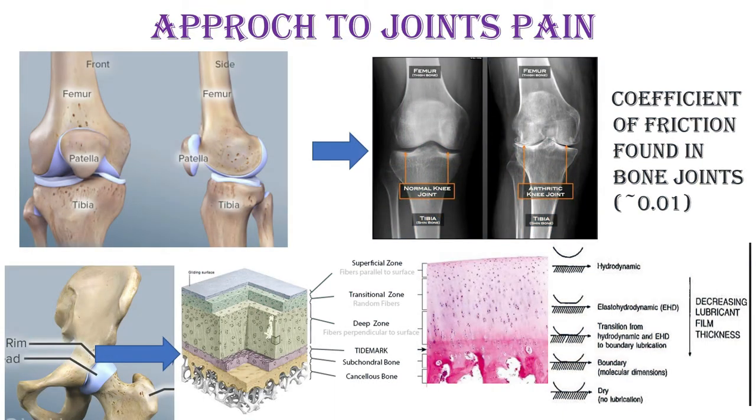Joint pain is such a common problem that all orthopedic surgeons, including undergraduates, have to encounter it on a daily patient basis. Now, before going into details of how to approach joint pain, you should know some important criteria for diagnosing a joint pathology.